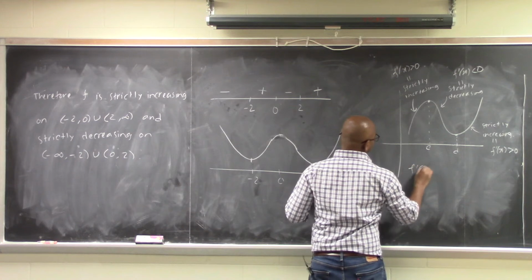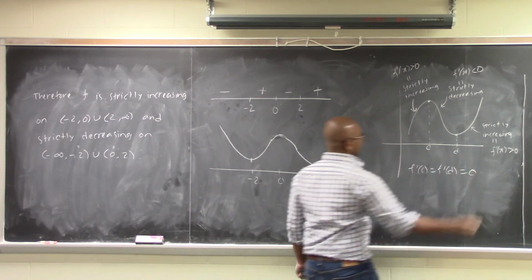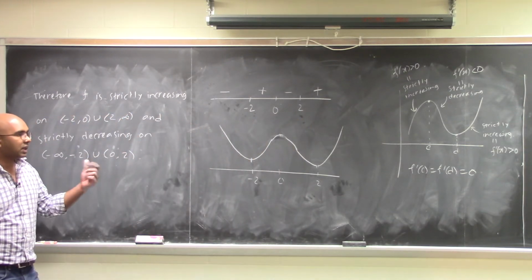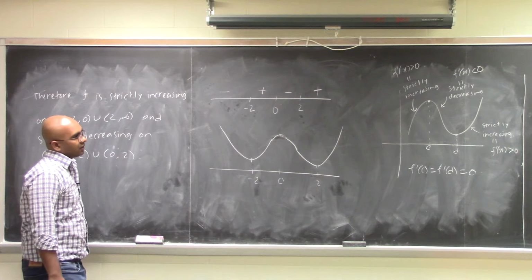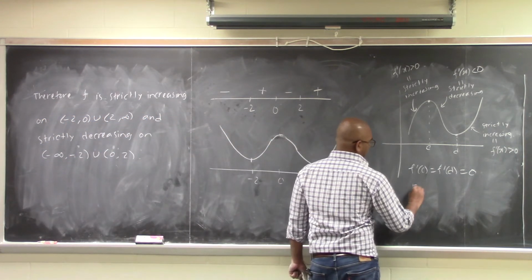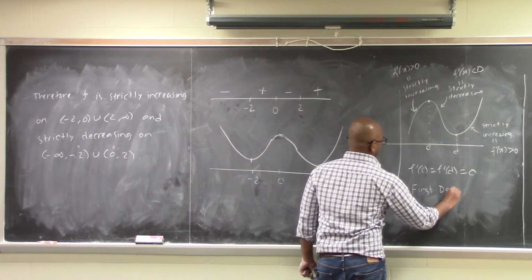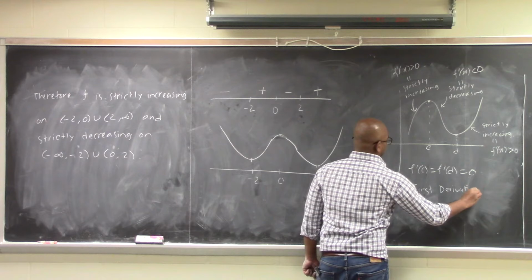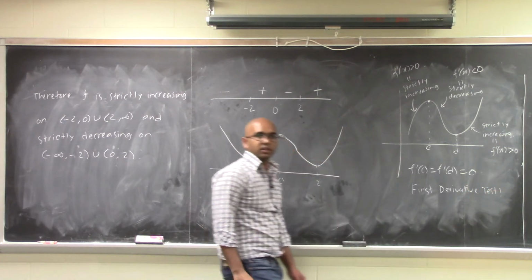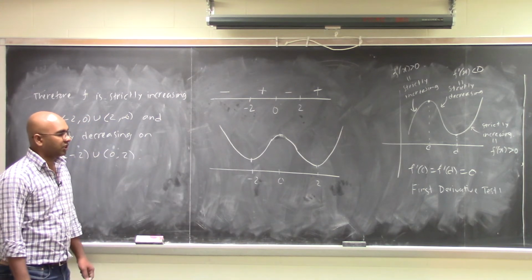F prime of c and f prime of d are 0 because those are critical numbers, right? And my function is differentiable in this case. So there you go, that's called the first derivative test. Okay, that's why we had to wait for the second part of extrema.